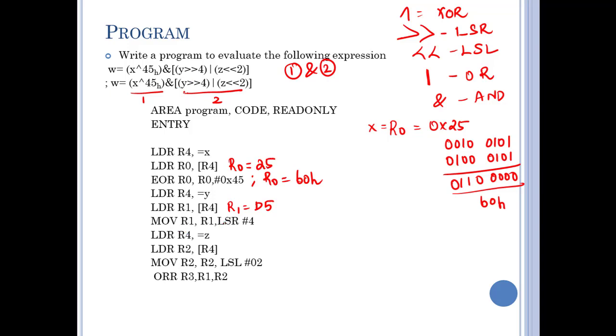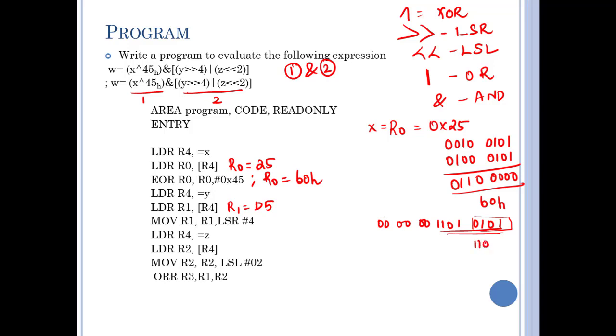After getting your Y, you need to right shift by 4 times. So D5 is nothing but 1101 and 0101. And it's a 32-bit register, I hope you remember. So first set of 8 bits, second set, third set, and this is the fourth set of 8 bits. This is all represented by bytes. Now if you right shift it by 4 bits, this will be lost.